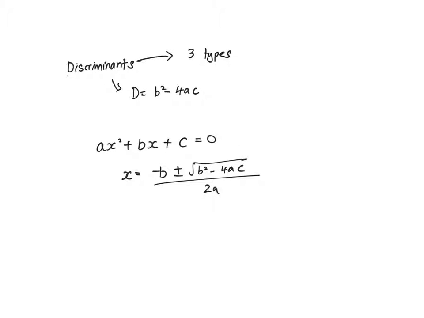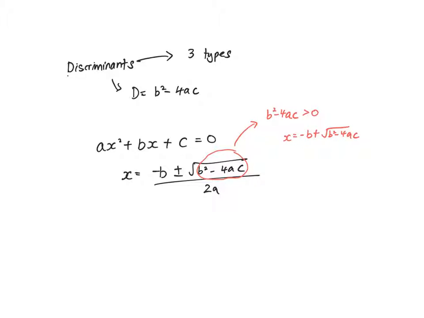x equals negative b plus minus the square root of b squared minus 4ac, over 2a. The interesting thing is, if we look at this portion, b squared minus 4ac, say it's greater than 0, what are you going to get? You're going to get 2 different solutions. x equals negative b plus minus the square root of b squared minus 4ac.